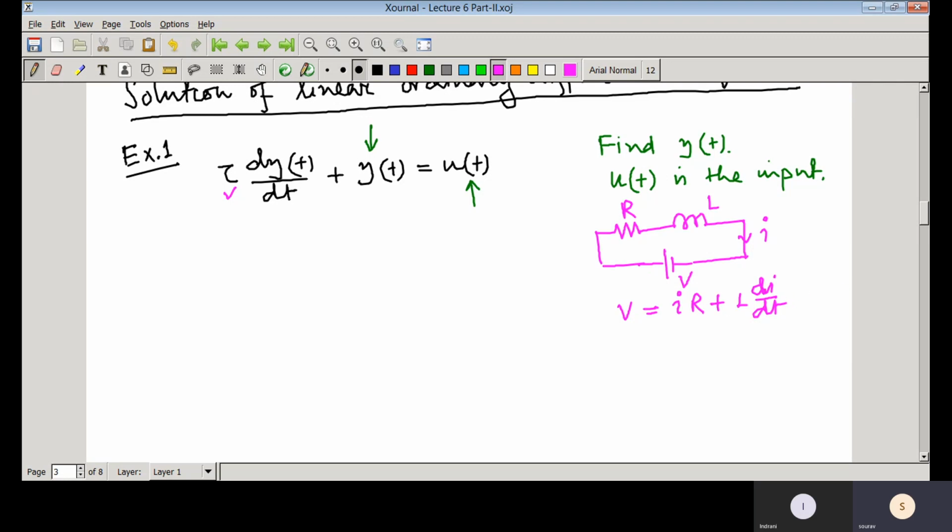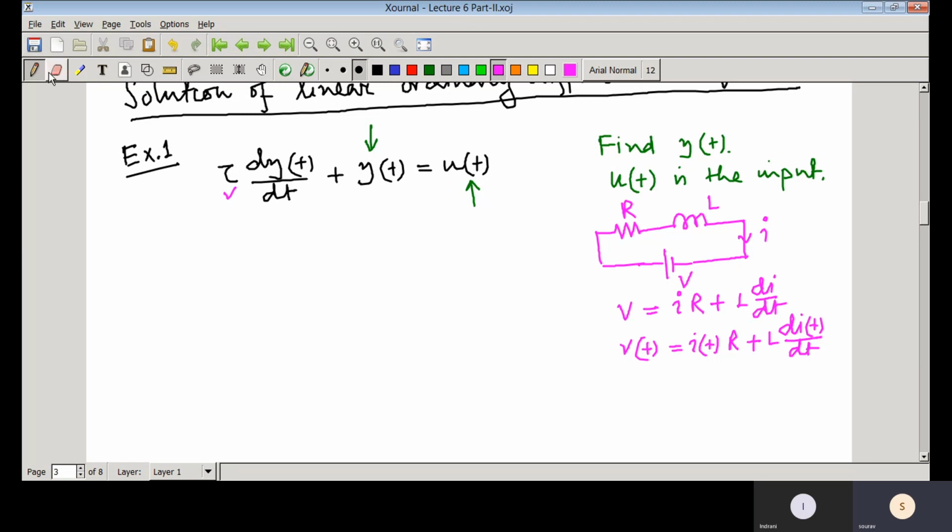Now i is the variable you need to find. So I am just writing it again in terms of t: v(t) equal to i(t) R plus L di/dt.